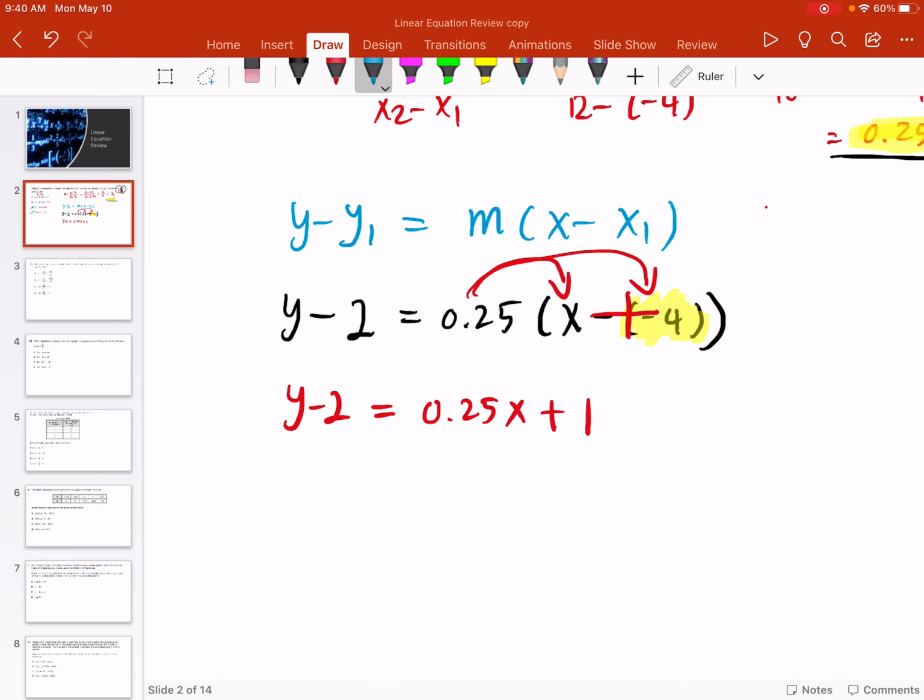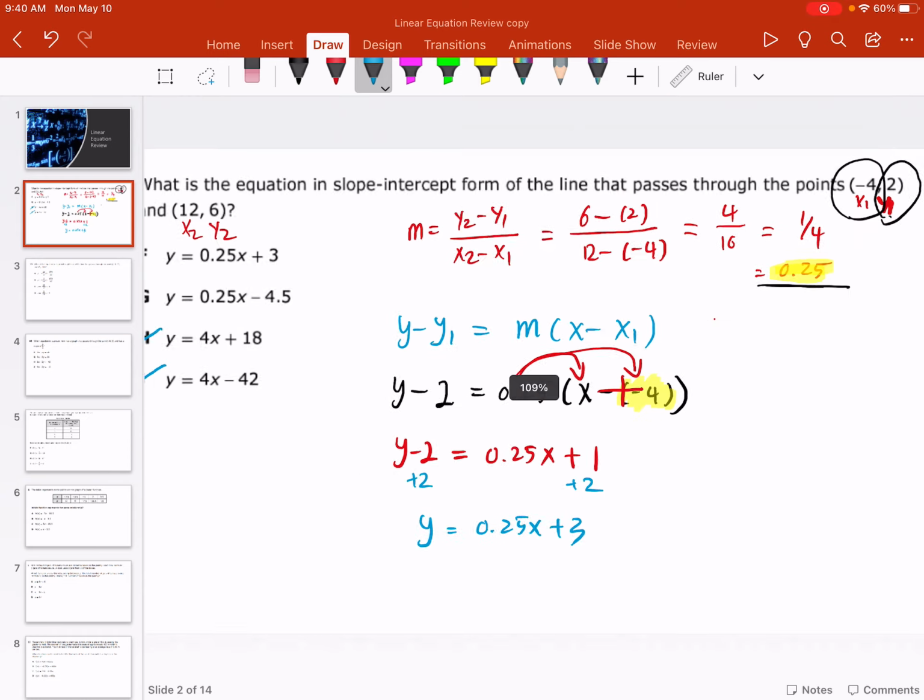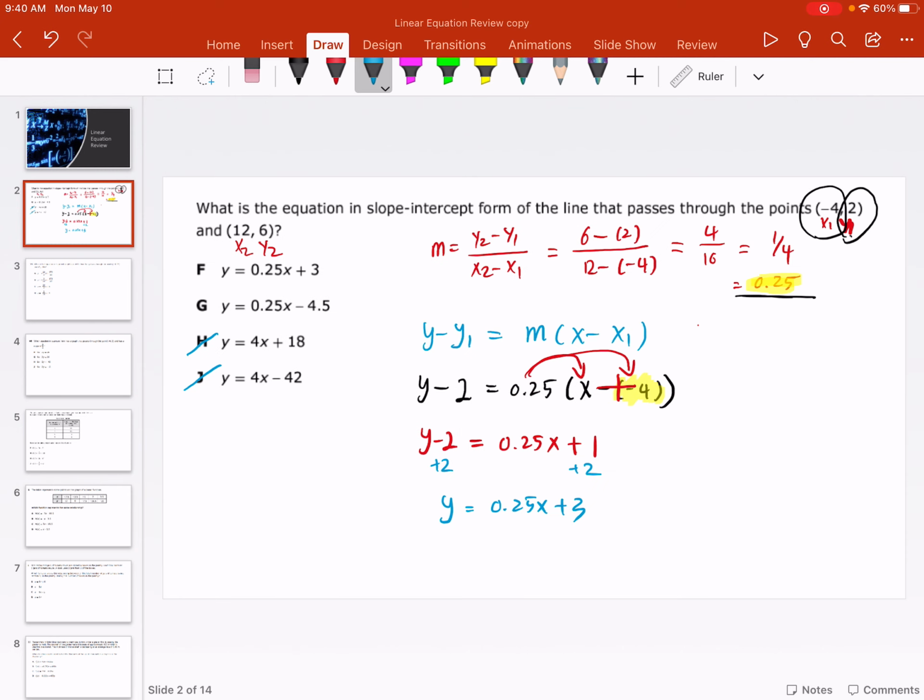Now, at the end, we have to add 2 to both sides, which gives y equals 0.25x plus 3. So our solution, we just got it, F here.